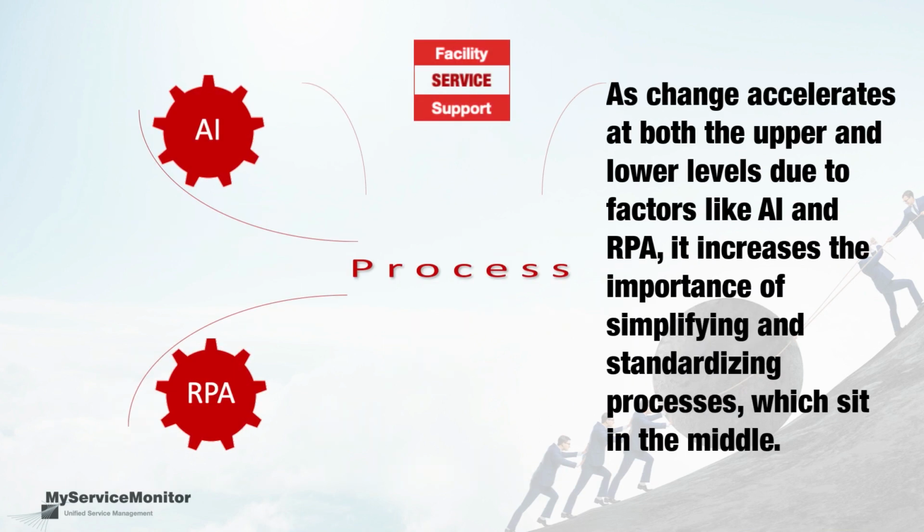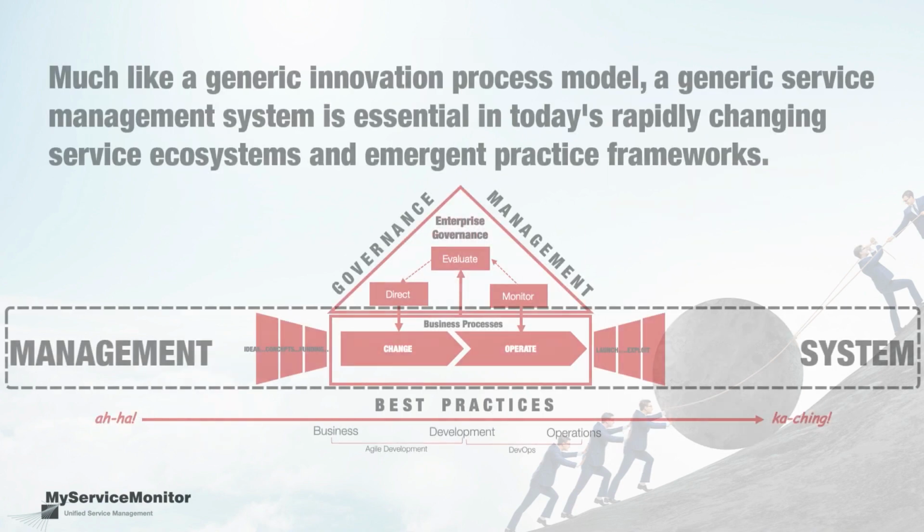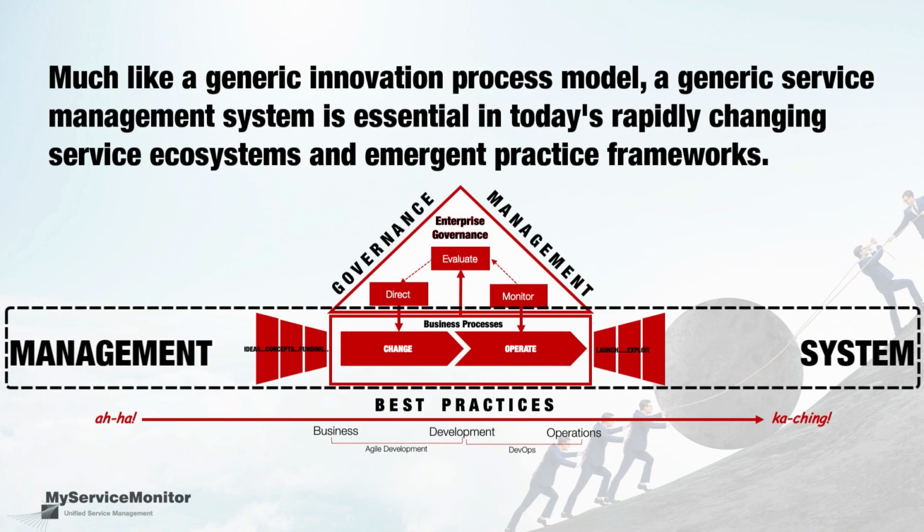With technologies like AI and RPA, standardizing processes is becoming more important than ever. So just like the generic innovation process model, USM is a critical link for today's service ecosystems.